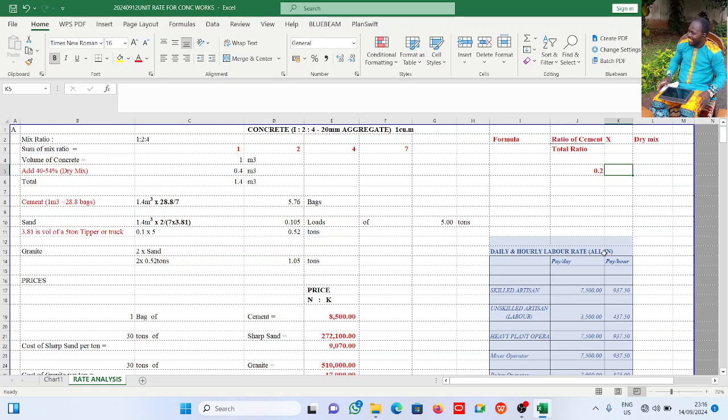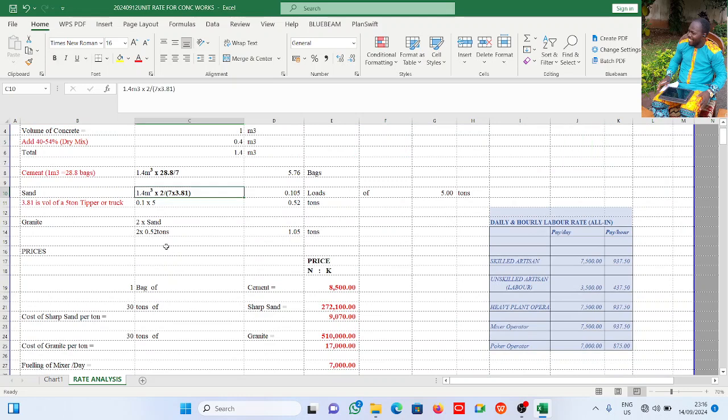So this becomes 0.2 times 28.8, so we have 5.76. That is why you see in 1:2:4 we say we have 6 bags. If you add waste of 5%, you're having 6 bags. So depending on whichever you want to use to prepare your analysis, 5.76 bags or 6 bags. The same thing happens for concrete.